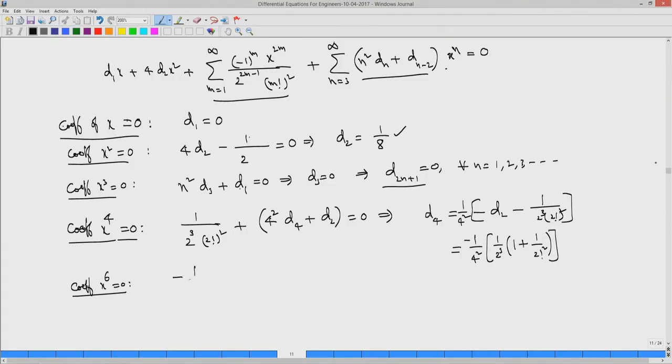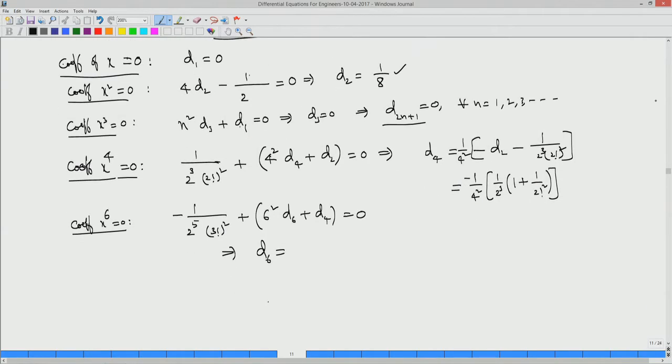So you have minus 1 by 2 power 5, 3 factorial square, plus 3 square. This is n equal to 6, x power 6 you need, so n equal to 6 in this series. So 6 square d6 plus d4 equal to 0. This will determine d6 in terms of d0, which you know, so substitute and get your d6.